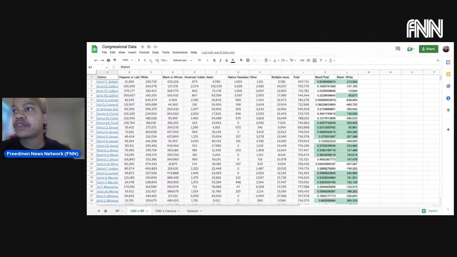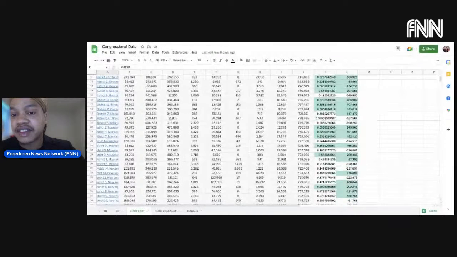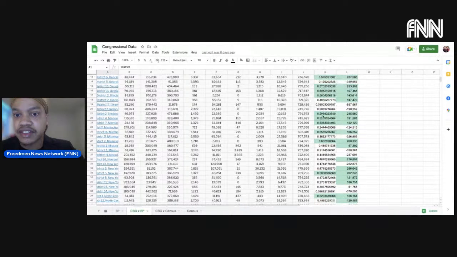If you look at all of the 60 seats, not every seat has a Black majority. So about 19 of the 60 seats have Black majority districts. Those are all the green highlighted ones.